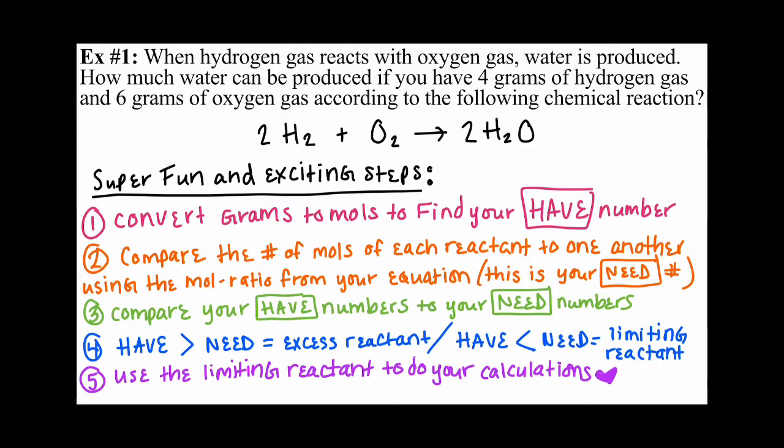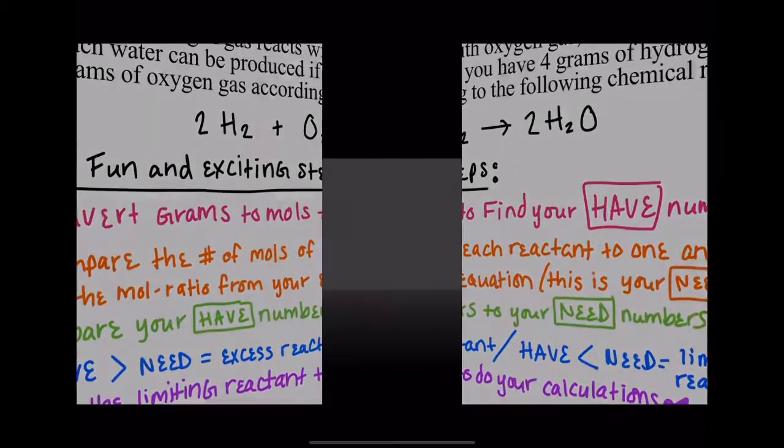That's going to be our need number. The third thing we're going to do is compare the half number to the need number. The fourth thing, we just have to determine which one is the excess and which one is the limiting. And then the fifth thing that we're going to do is solve the problem based on the limiting reactant.